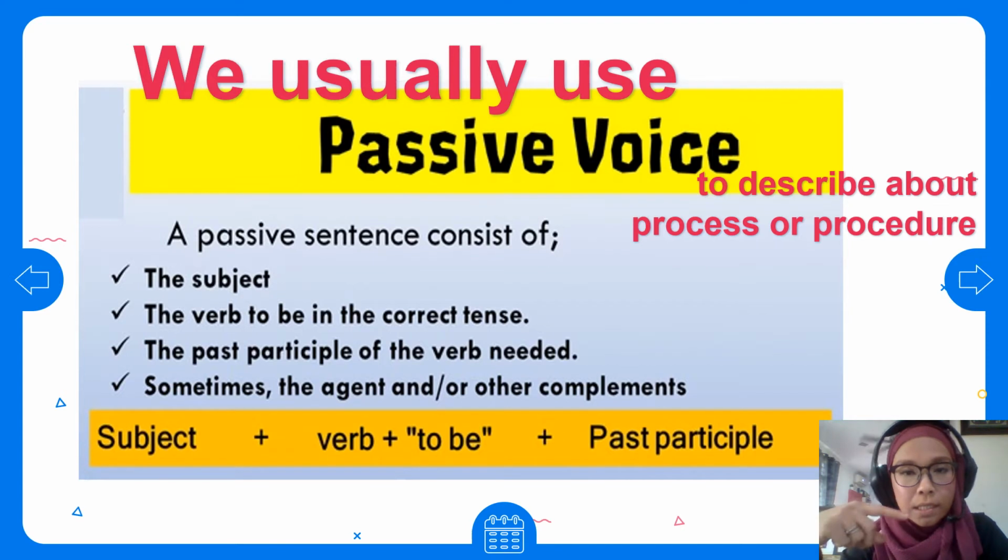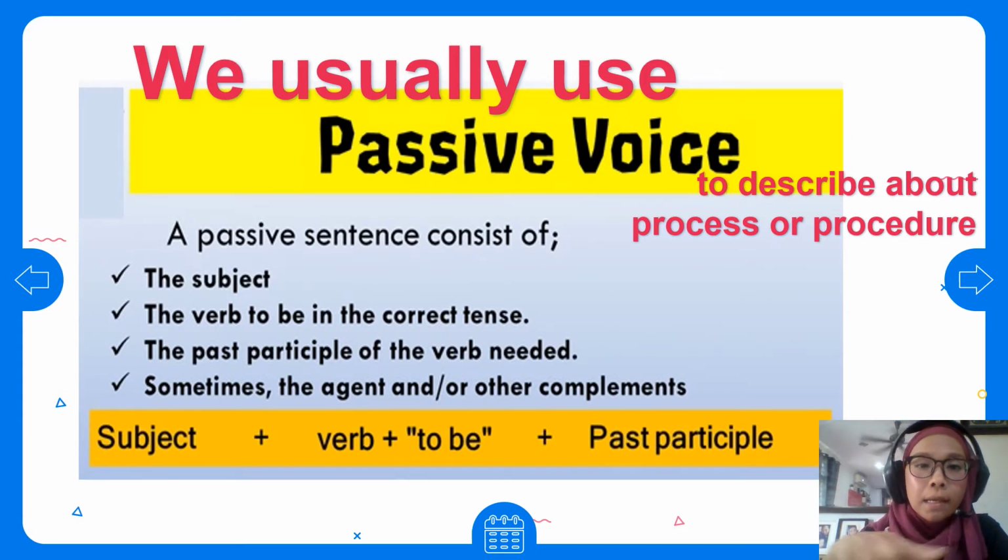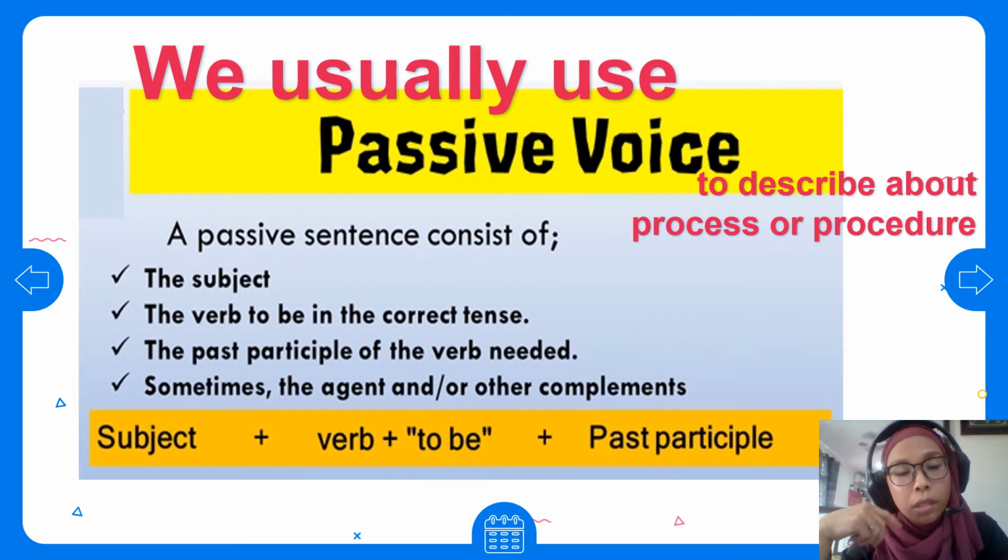So it is similar in the English language also. We do have an active sentence like Ali likes to play football. And when you use passive voice, it becomes, what is the answer? So the football is being played by Ali.